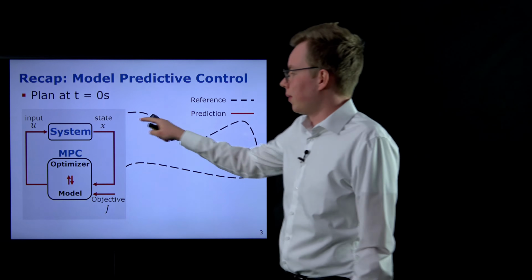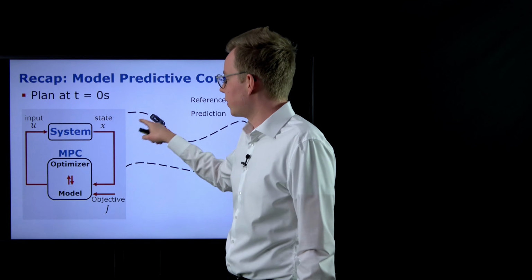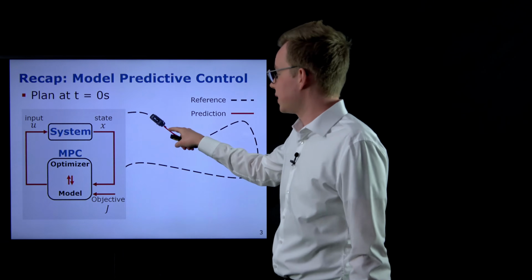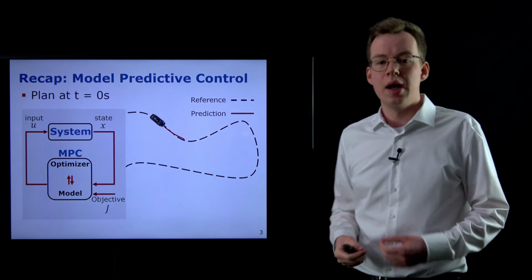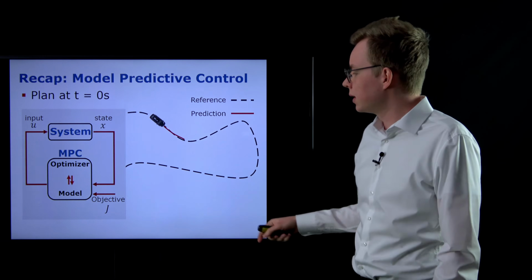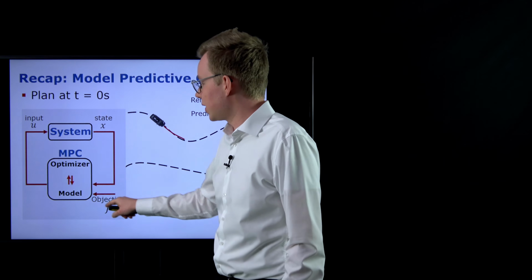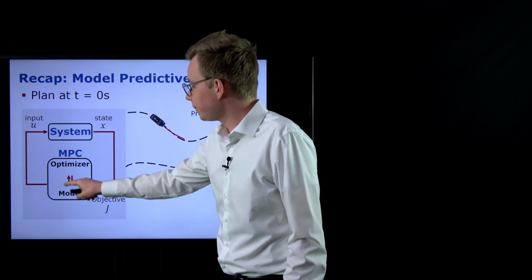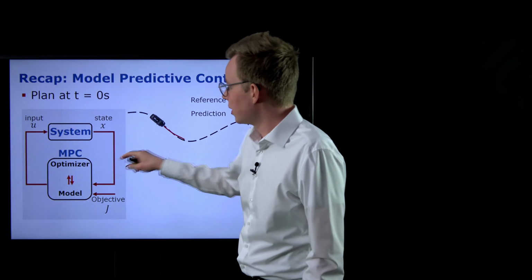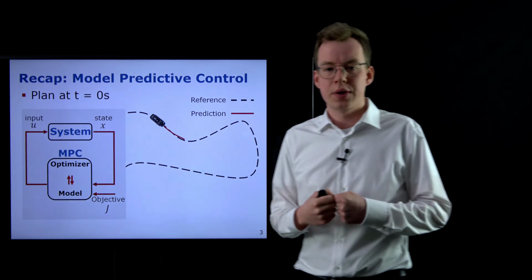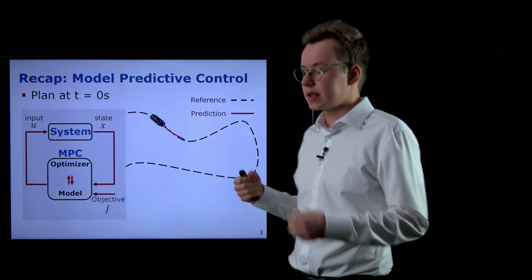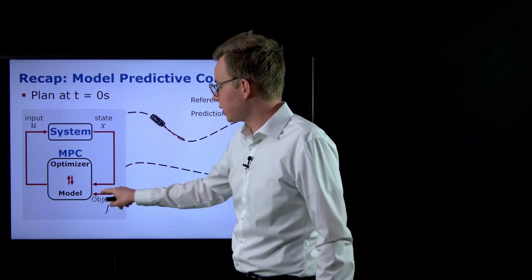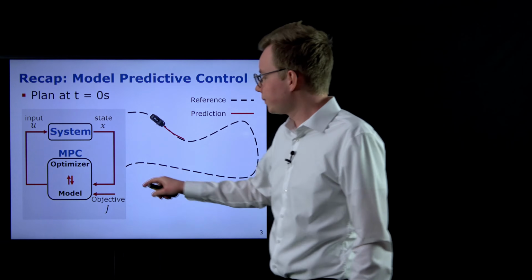The high-level idea is as follows. We always take the current state, and then we have some objective, for example, minimize the deviation from this reference while also maximizing progress along the track. Then this state and the objective are handed over to this MPC module that makes predictions into the future and optimizes the controls, so the inputs to the system, for example, the steering and brake pedal commands, to minimize the cost, so to fulfill this objective.